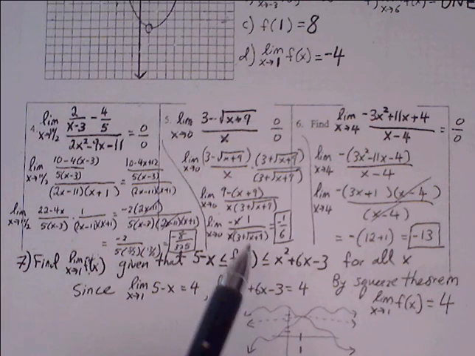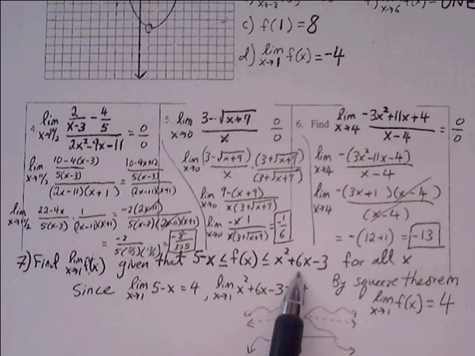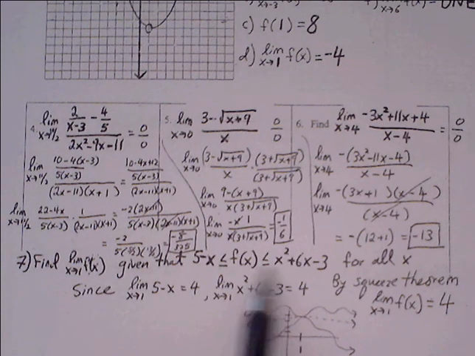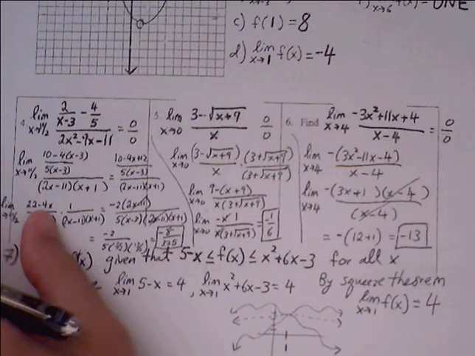Squeeze Theorem tells us that if we can show that the lower function and the upper function are arriving at the same y value at a specific point, then the middle function will be squeezed, in the sense that it must also agree with the value that we found on the upper and lower. So for instance, here's a visual example.